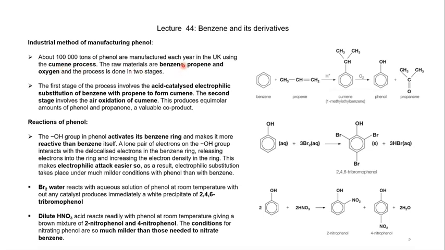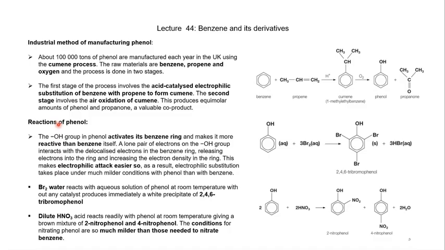The raw materials are benzene and propene. In acidic media, we get acid-catalyzed electrophilic substitution of benzene with propene to form cumene. This is cumene. And then it's oxidized and we get phenol plus propanone.